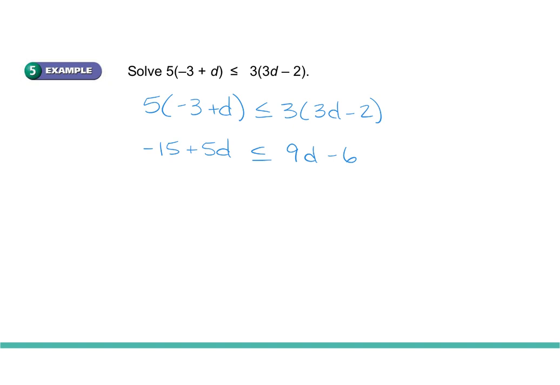I've done my distributions. I don't have any like terms on the same side of the equal sign, so I'm going to move on to moving variables. I'll subtract my 5d to the other side. I can add my 6 over. And then divide by 4.